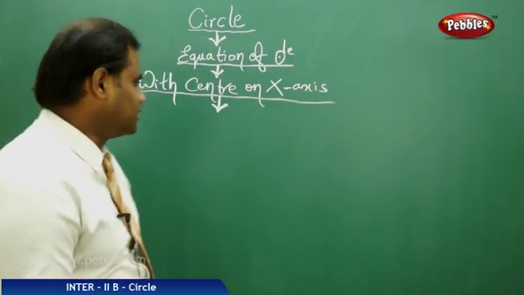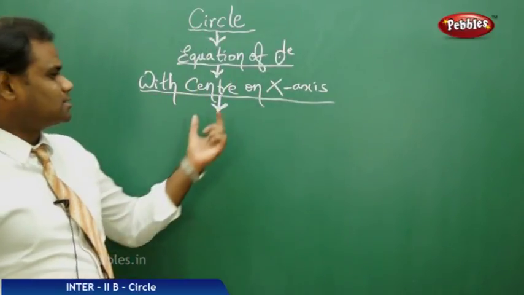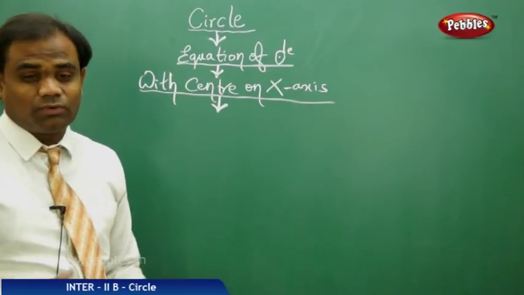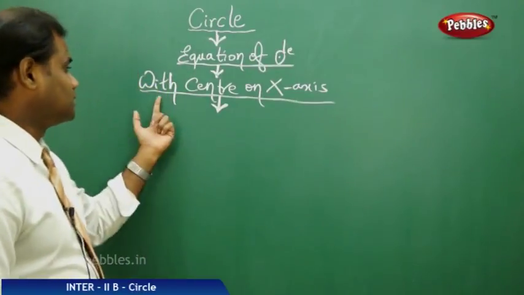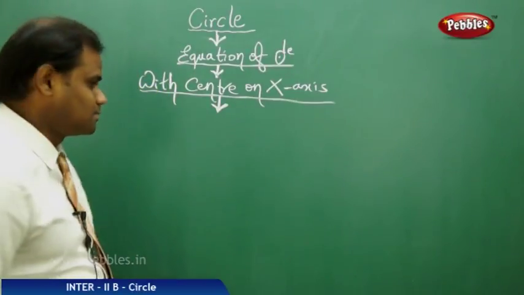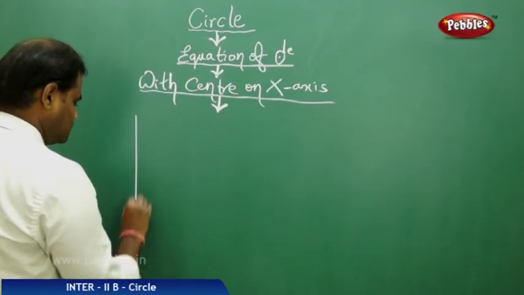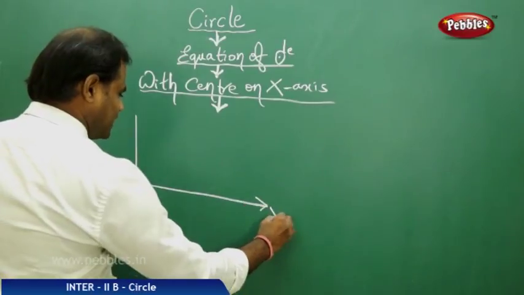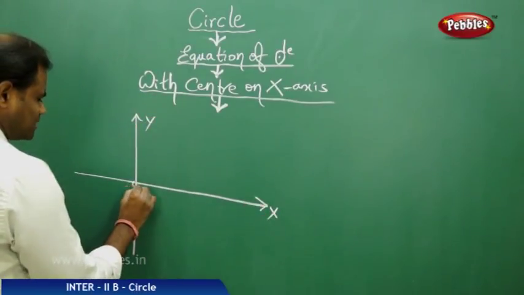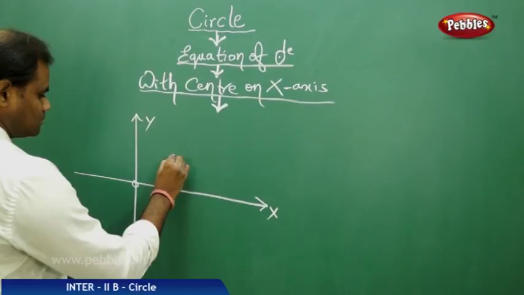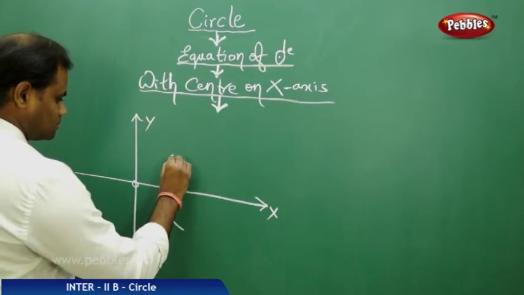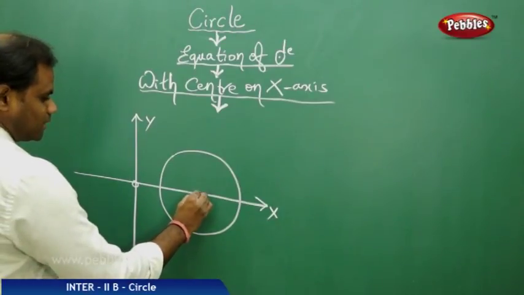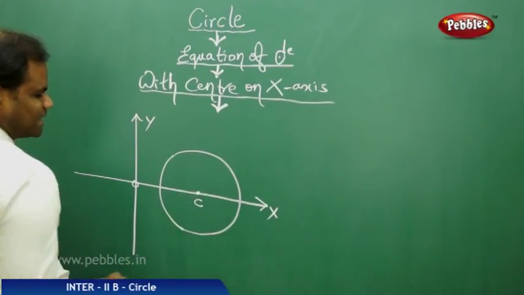The next case here is where the circle is exactly with its center on x-axis. So what would be the equation of circle with center on x-axis? Say I have my x-axis, my y-axis, and with center on x-axis.